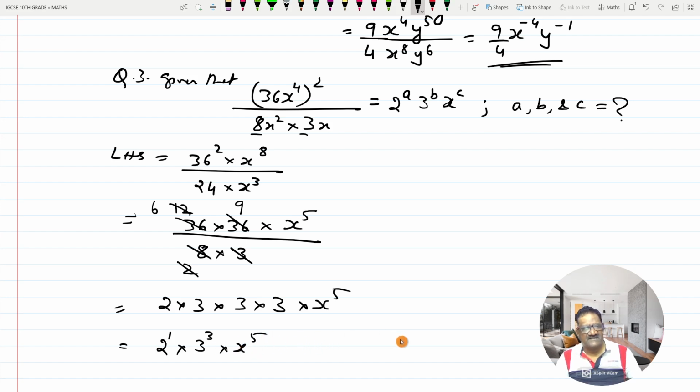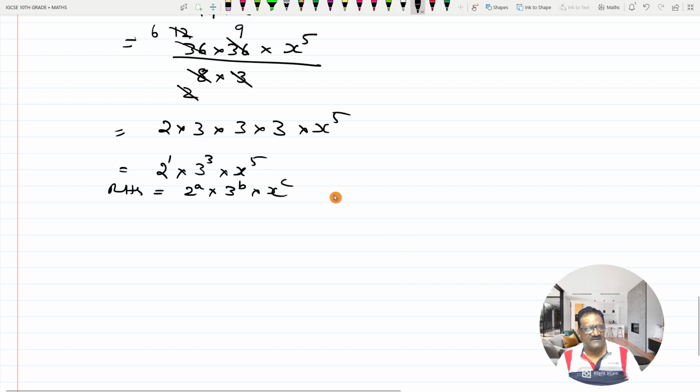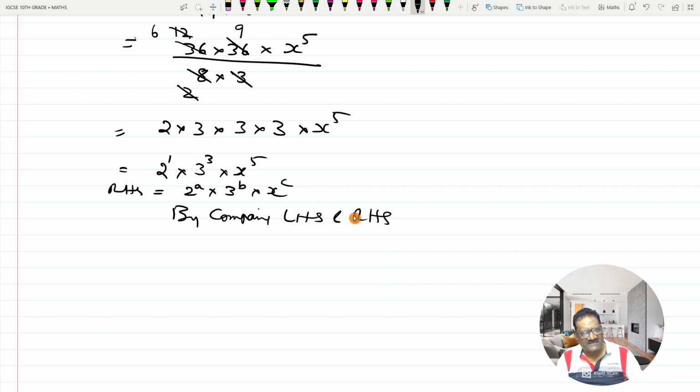Now this left hand side I will compare with my right hand side. Okay, so right hand side is 2 raised to a times 3 raised to b times x raised to c. Now if you compare my left hand side and right hand side, by comparing LHS and RHS, what I get is this is 2 2, so I get a equal to 1, and this is 3 3, so I get b is equal to 3, and this is x x, so I get c is equal to 5.